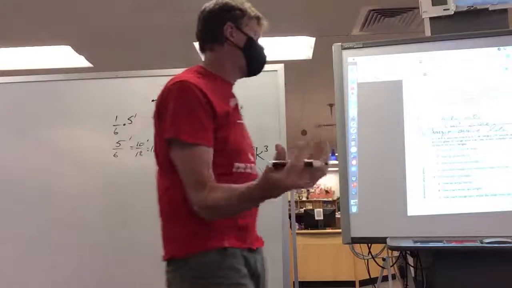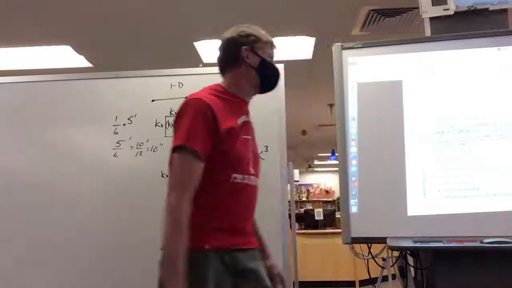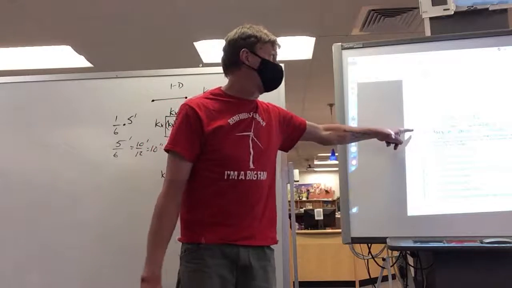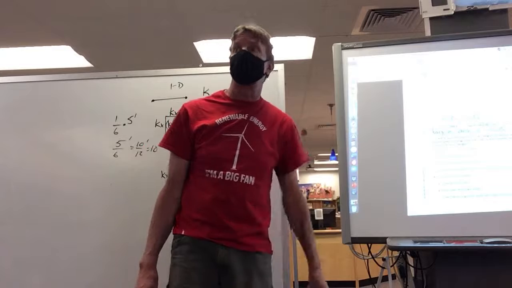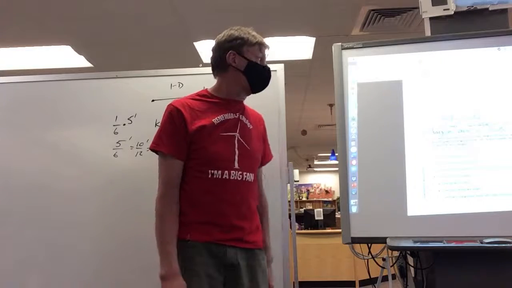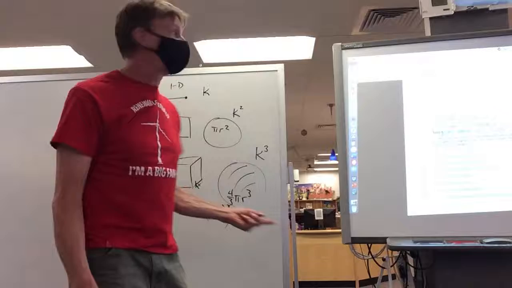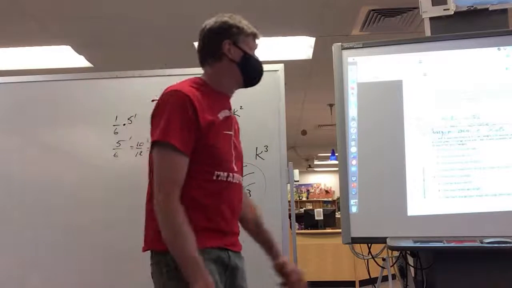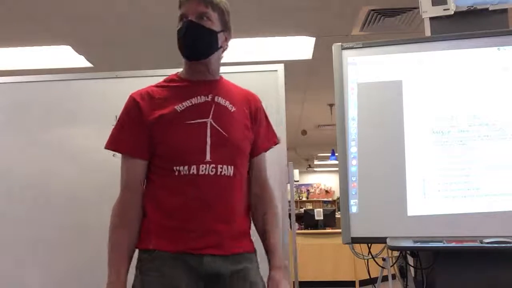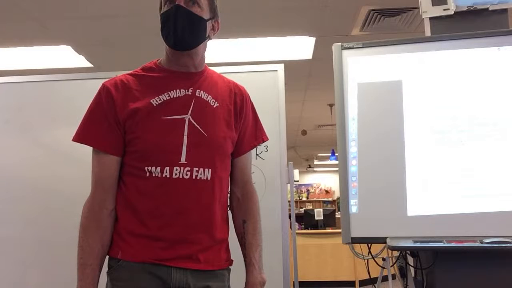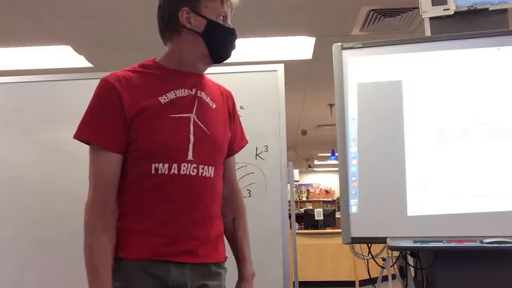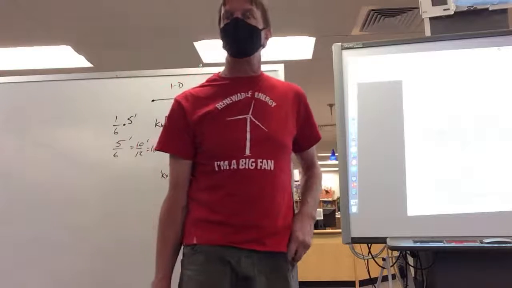Okay, so her weight, which of the K values do we want to use for her weight? K squared, K to the first, K to the third. Which one? Third for her volume. So if the size change is given as 1/6, yeah, we got to use 1/6 of 1/6 of 1/6, which is 1/216th. 1/216th of 100 pounds.